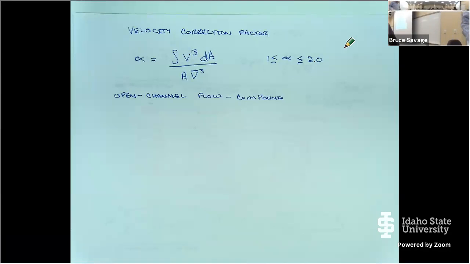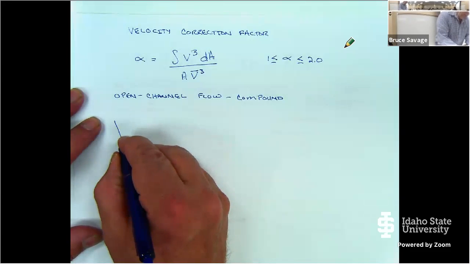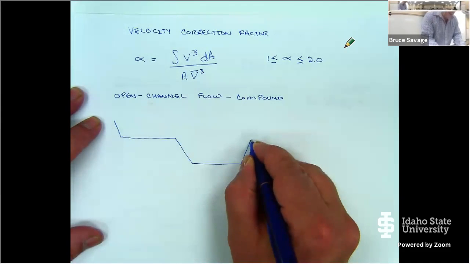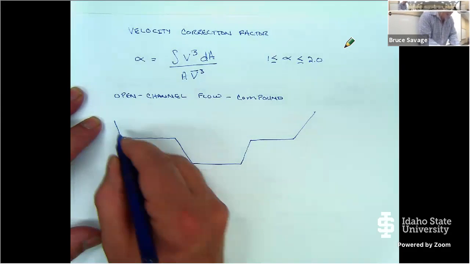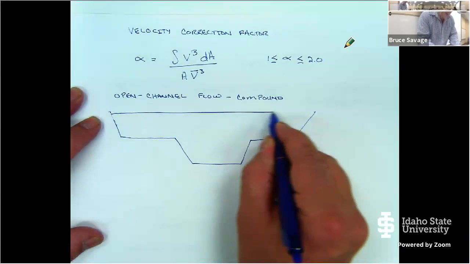So we're looking at open channel flow, a compound channel. So what does a compound channel look like? Well, a compound channel would be something on the order like this. Okay, and here's our water level right here.